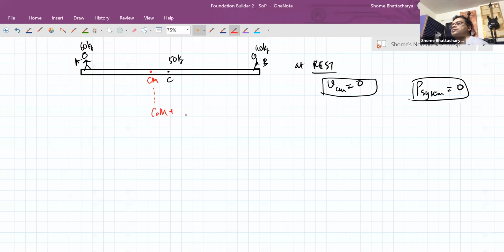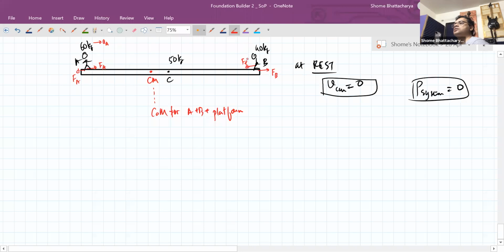This is the center of mass for A plus B plus the platform. Now what happens when A starts moving? In order to propel himself, he applies some backward force on the platform, and his feet experience equal and opposite forward force. So he gains a forward acceleration. B applies a backward force on the platform like this, so he attains a forward acceleration like this.